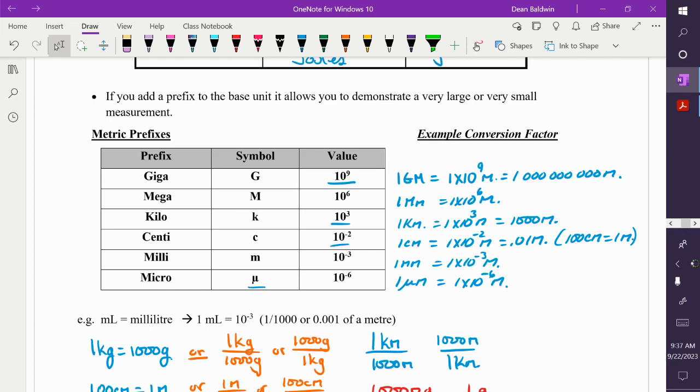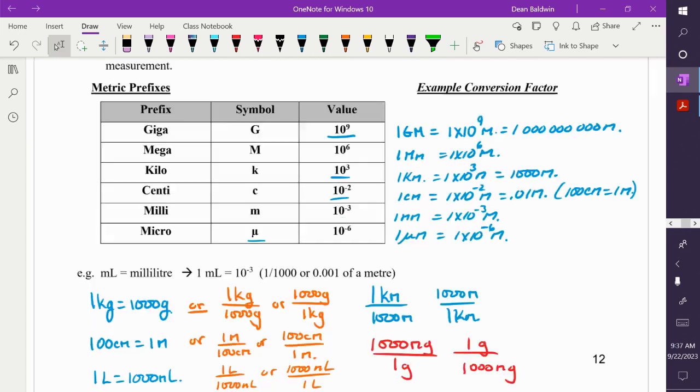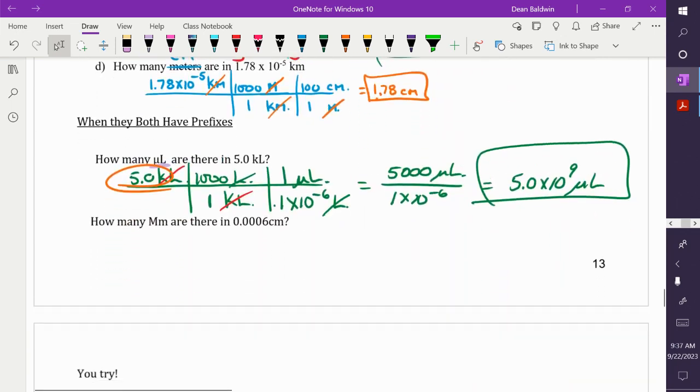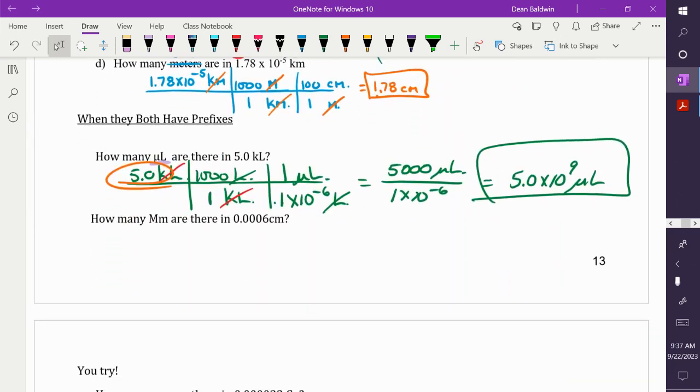Because it's a whole bunch of small measurements. How many millimeters are on this? This is 1 meter, but there's a lot of millimeters here. So if you're converting a large measurement into a small measurement, the number should go up, which is what it did. We went from 5 kiloliters to 5 times 10 to the 9 microliters.